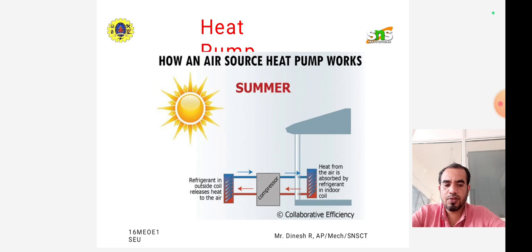Depending upon the collector configuration, solar flux, and the operating condition of the engine, the fluid will be heated in the collector to a higher temperature. The solar energy is converted to thermal energy.